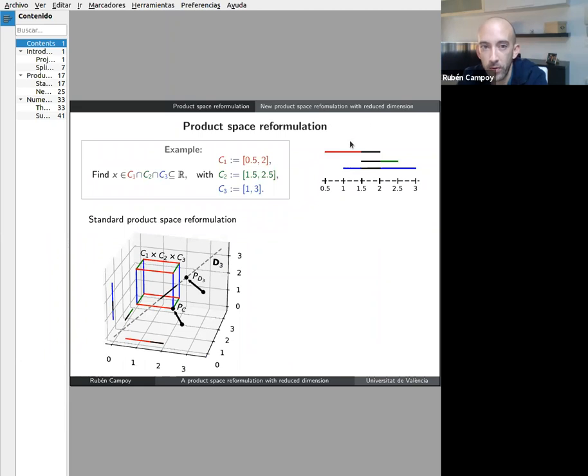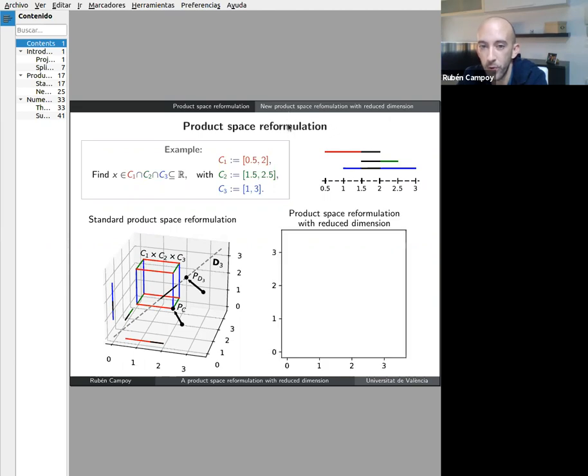So if we go back to our example, in the new reformulation, we don't need 3 copies of the space R, but only 2. So this is in R2. In here, we consider C1 and C2, only the 2 first sets, and we build the product of the sets. This is our set B in the formulation.